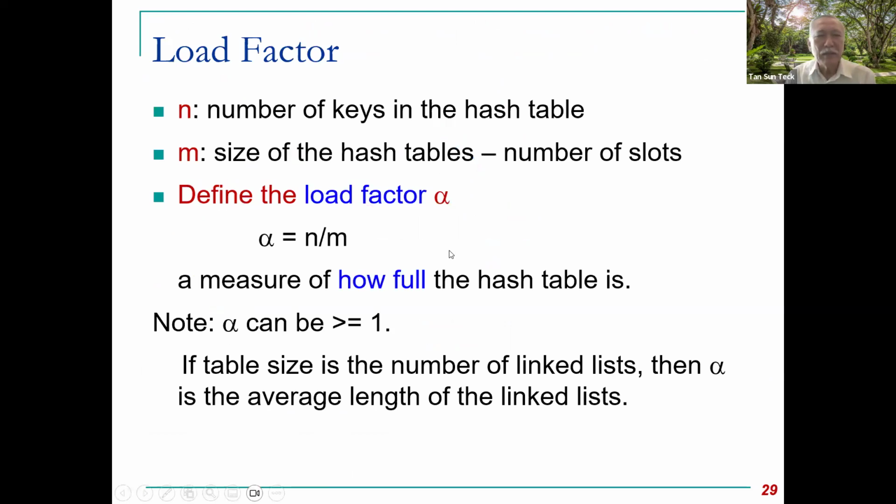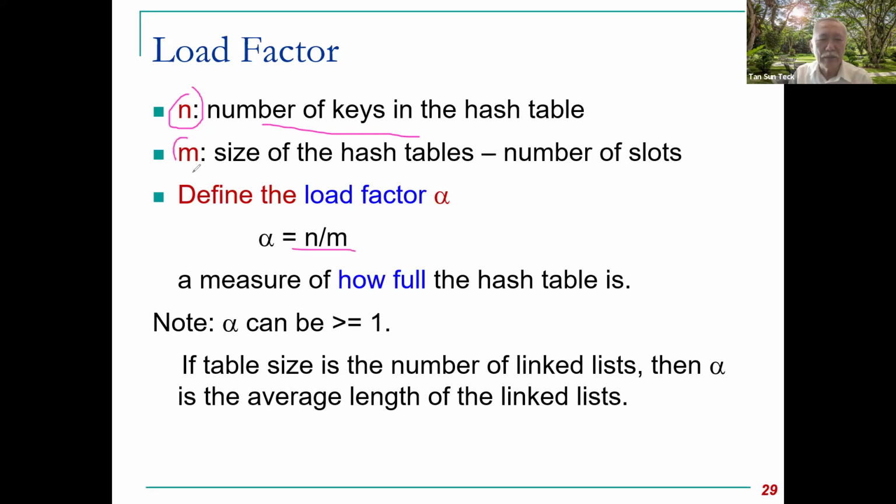Right, so as we said already, the load factor is the one that helps us see whether we should continue to enter more values into this hash function. First of all, this n is the number of keys that are already inside the hash table. The hash table can be 1000, but if we currently have only 10 values inside, then the load factor is 10 over 1000, very small, right?